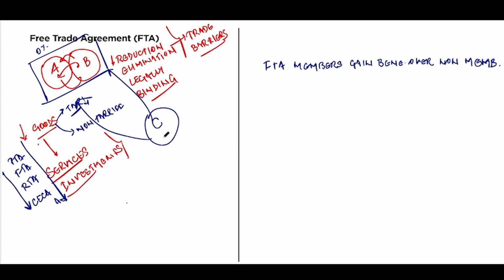You can see a particular commodity, let's say a cloth or maybe a car, exported from C will attract 20%, making it expensive as compared to cars manufactured in A and B, which will not attract it and will be treated just like domestic manufacturing. So by coming into an agreement, these two countries have gained benefit over non-member country C.